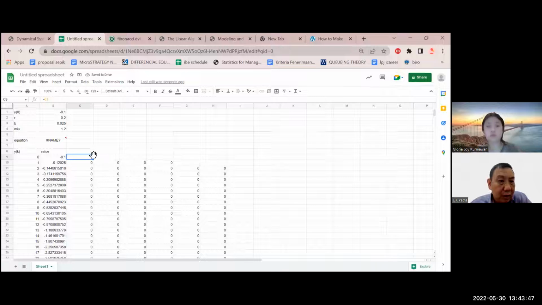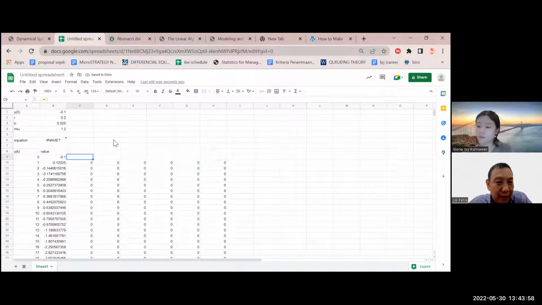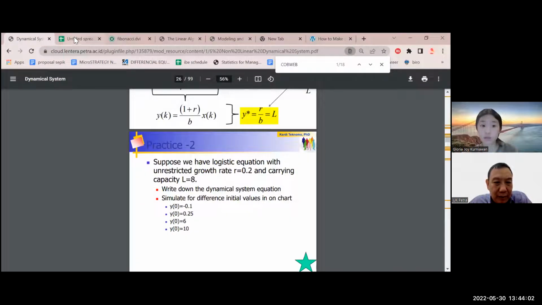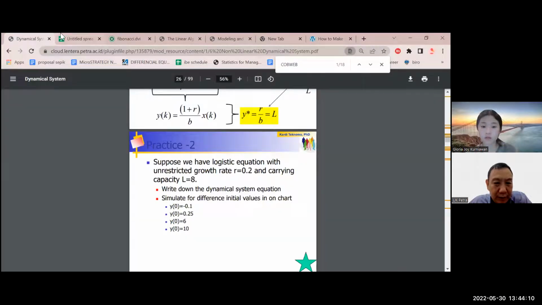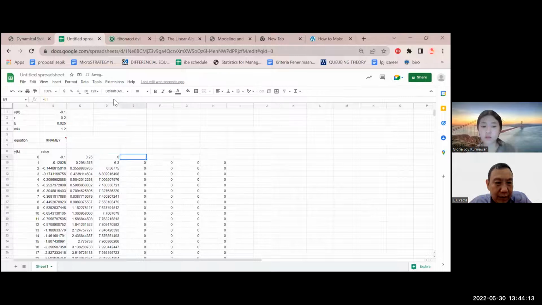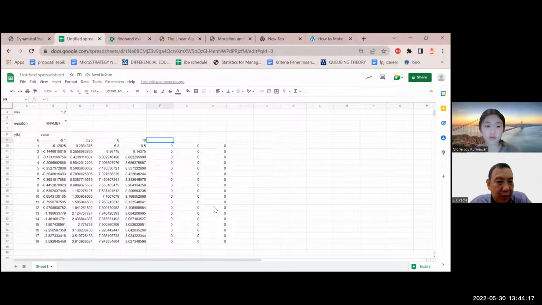Okay. So now first, you need to calculate what the equilibrium is. Now I change the value of y0. You change the value of y0. Then the other ones are 6 and 10. And now you can plot.